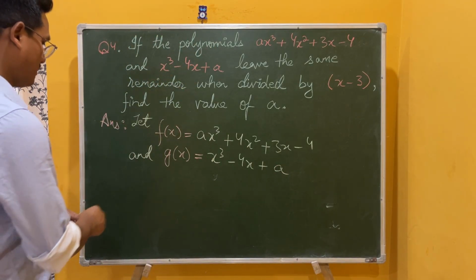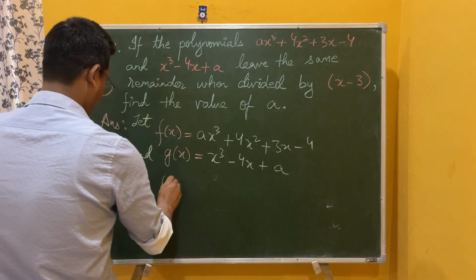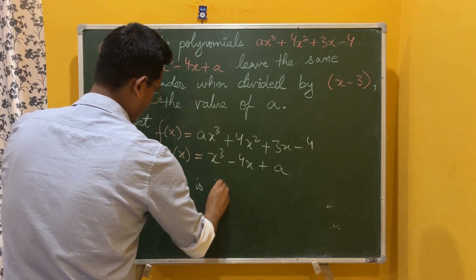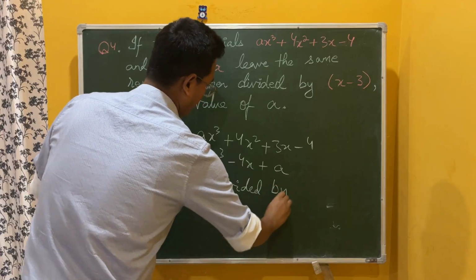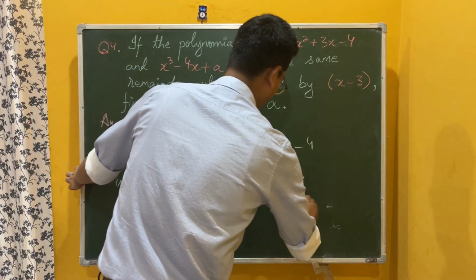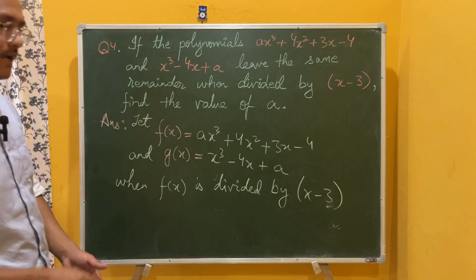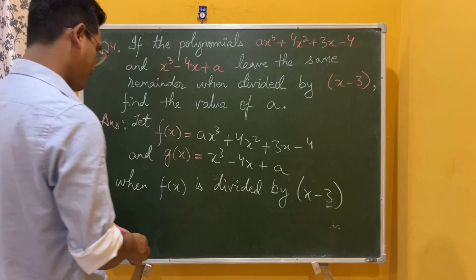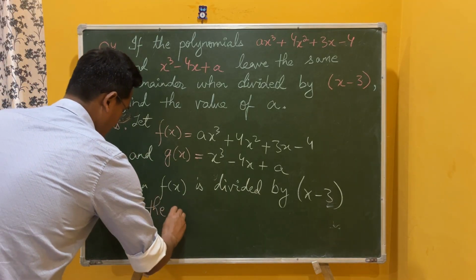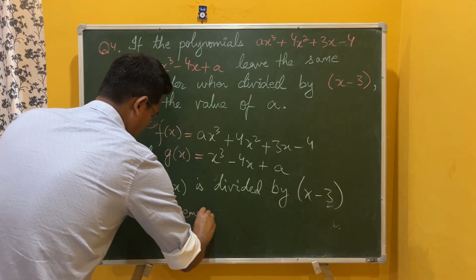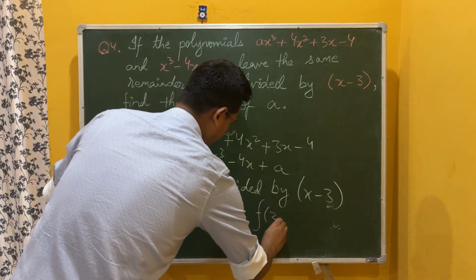So when f of x is divided by x minus 3, what is the remainder? The remainder is given by f of 3.